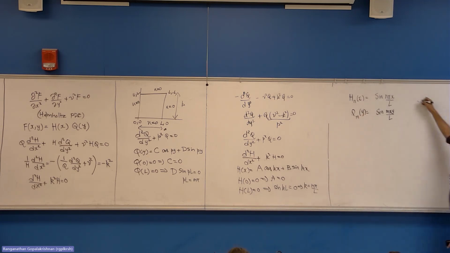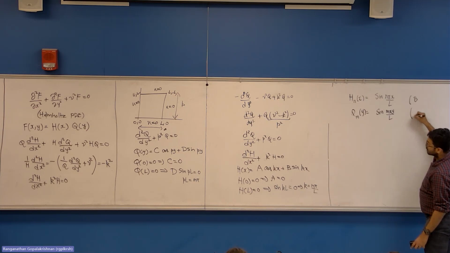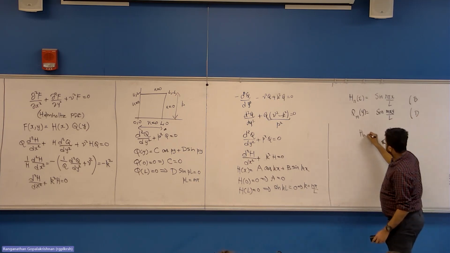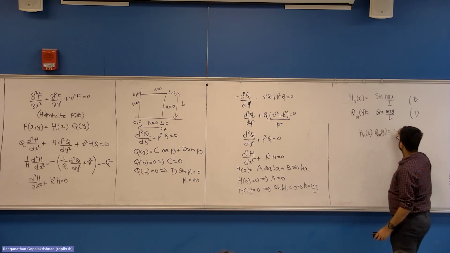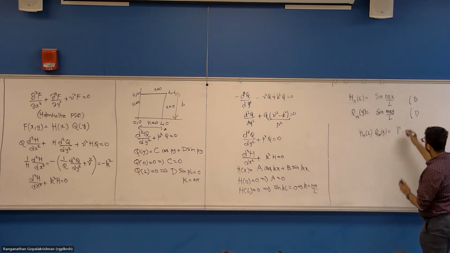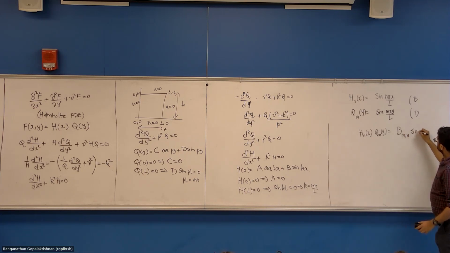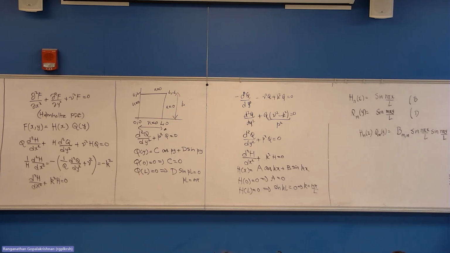And if you recall, this had a constant b and this had a constant d, which we'll combine and write h_n of x times q_m of y is, we can call it b_mn sin n pi x over L sin m pi y over L.